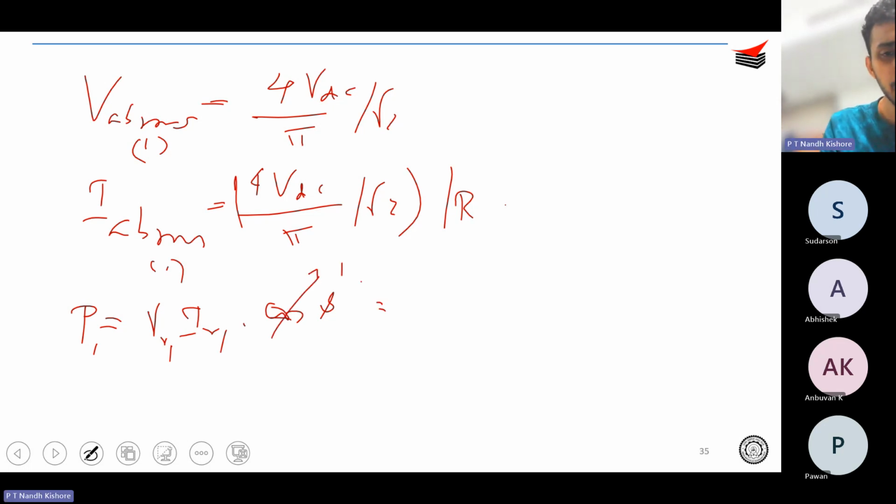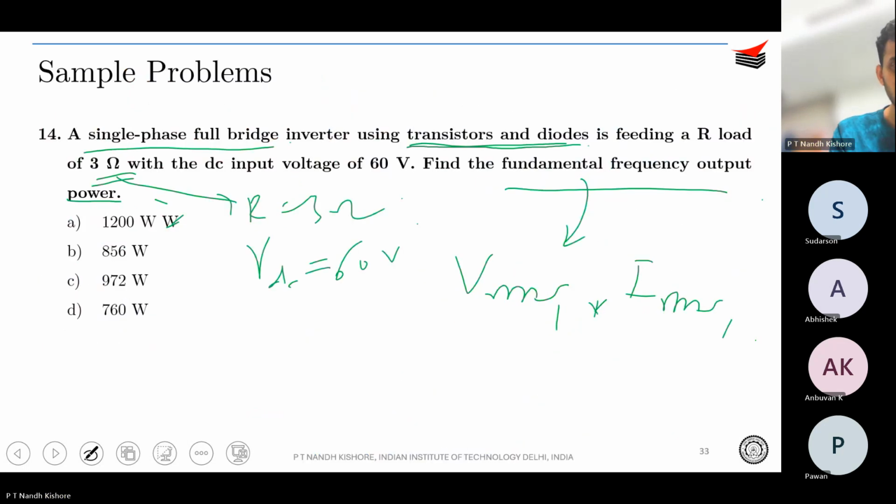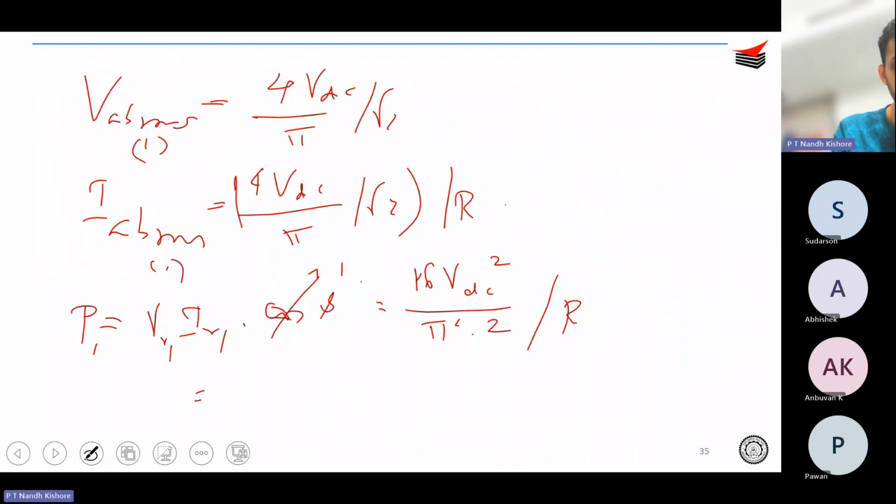Okay. So it will be V square over R: 16 VDC square over pi square into 2, divided by R. Okay, so you can do this. So how much is this? 60 and 3 ohms, right?